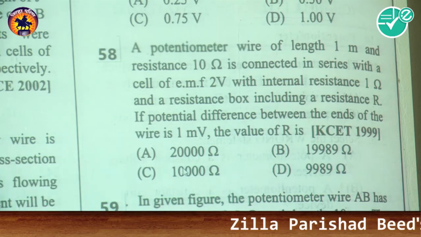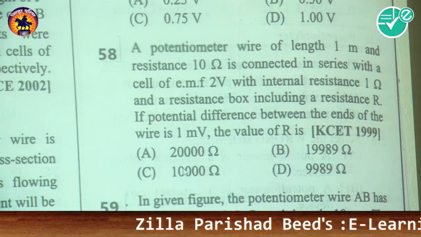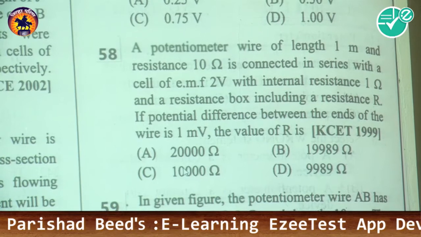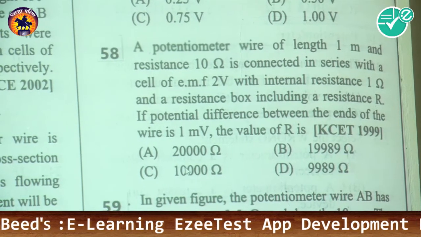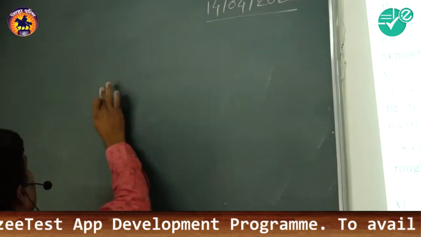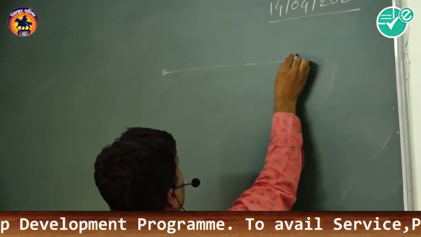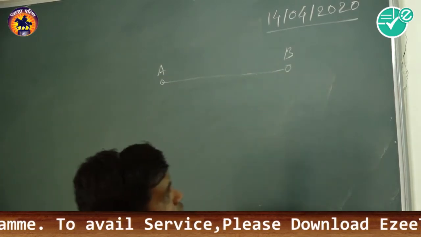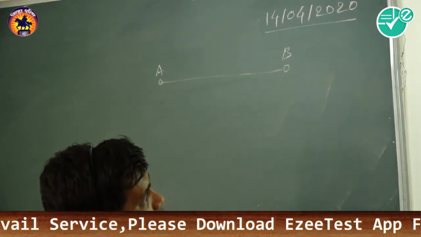Simple question. To solve this question, you have to know the diagram first, so we draw the diagram. What is given here? A potentiometer wire. Suppose A to B is the potentiometer wire. The length of this potentiometer wire is 1 meter.